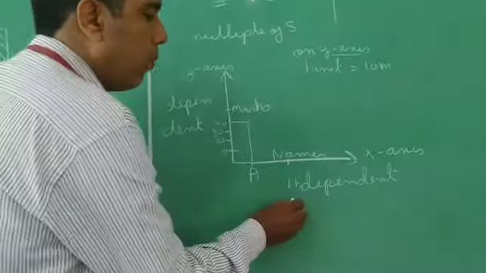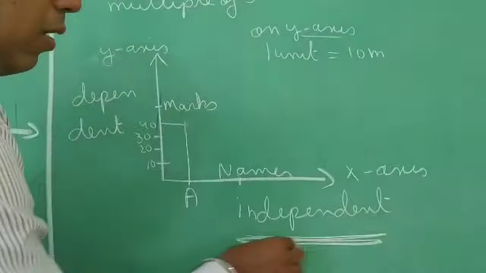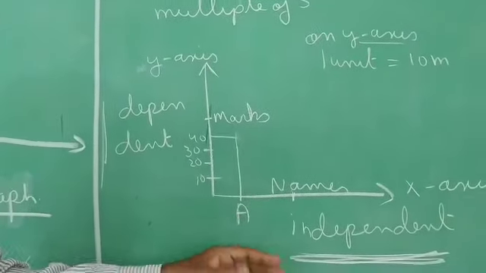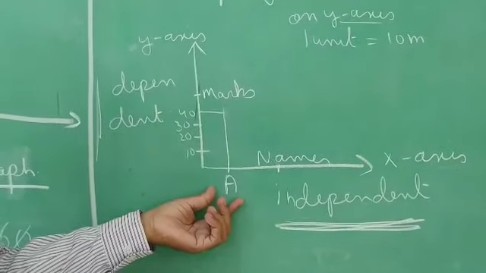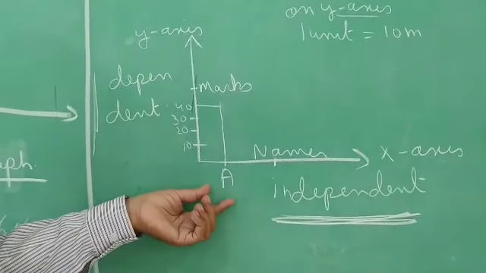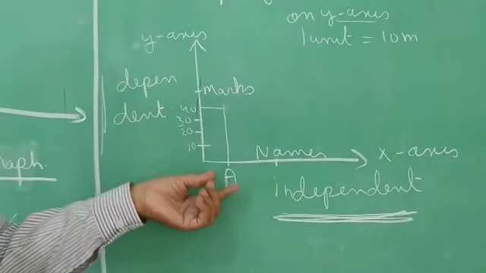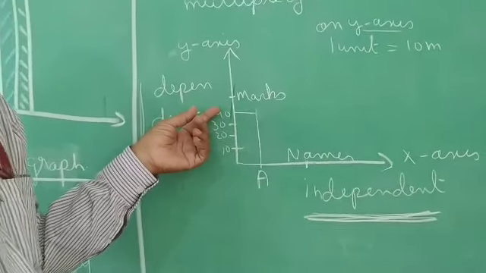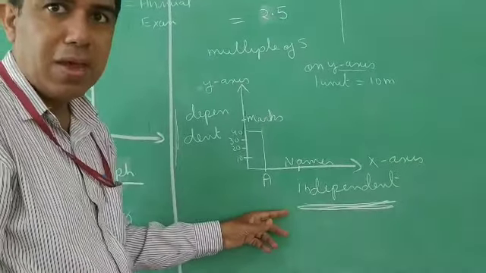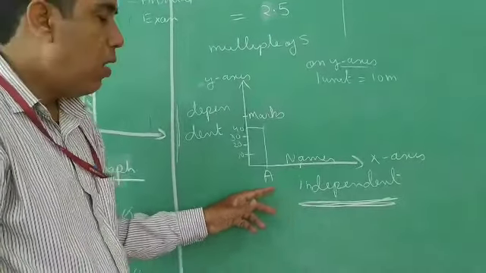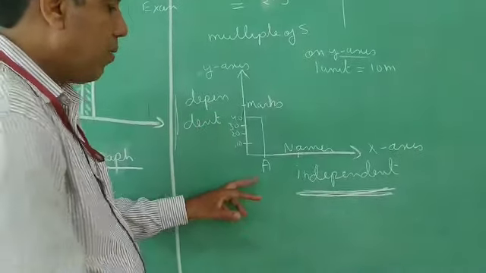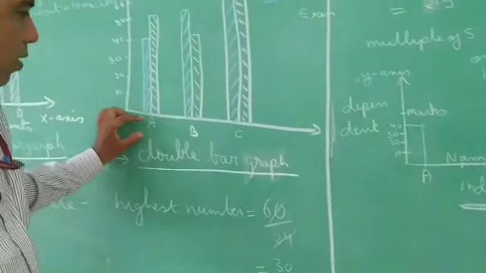Here always comes independent, and here always comes dependent. Independent means, see, A is a student suppose, and the marks depend upon the name. So name is independent and marks is dependent. This is compulsory, you should know. Always on the x-axis comes the independent, and on the y-axis comes the dependent.